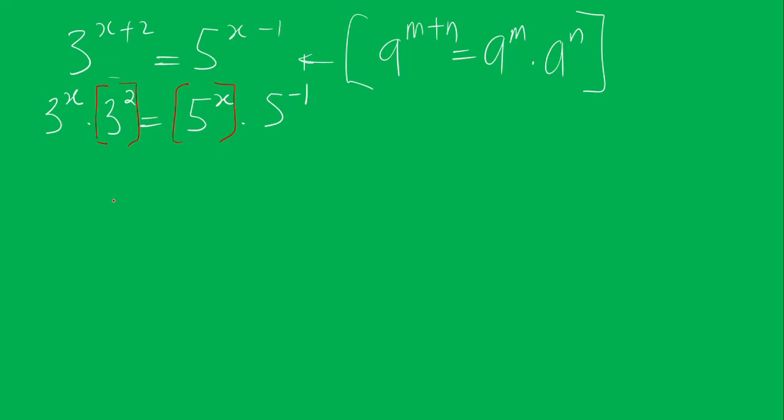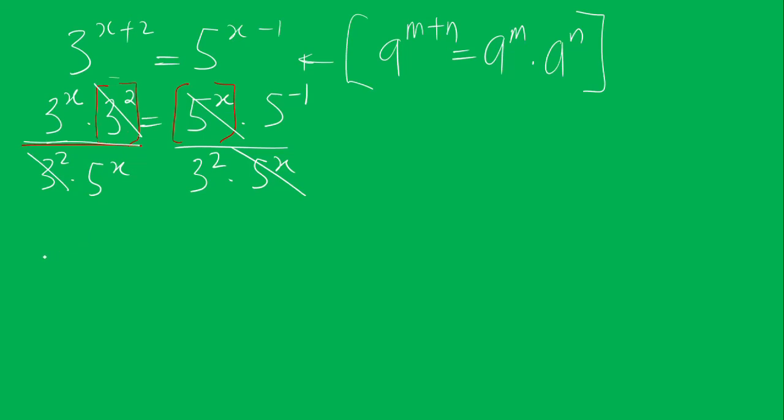So we are going to divide both sides by the product of the unwanted radicals. Let me change the color to white. The product of the unwanted radicals is 3 to the power of 2 times 5 to the power of x. So we divide both sides by it, so that we cancel 5 to the power of x, and we cancel 3 to the power of 2.